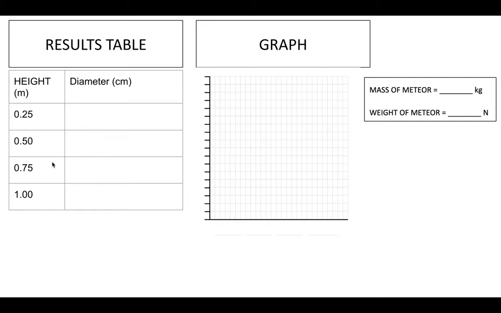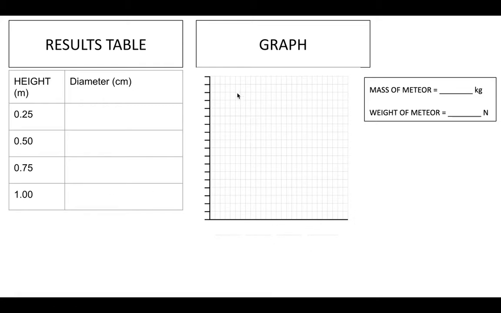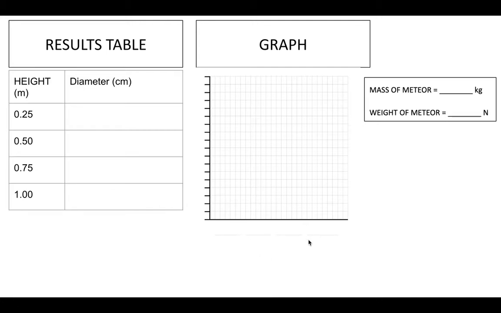What you're going to do then is try and draw a graph. On this axis here, this is the x-axis and this is the y-axis. On this axis, you're going to write down the heights. So you'll go across in even amounts.